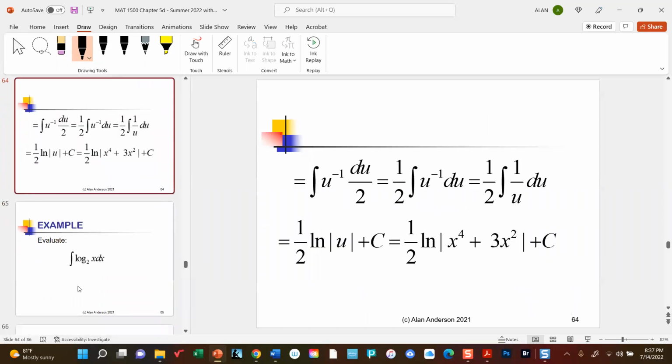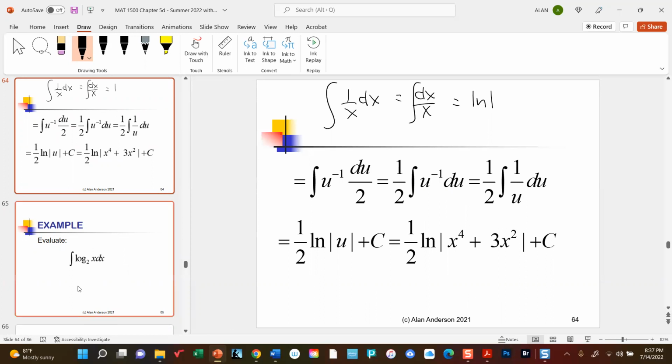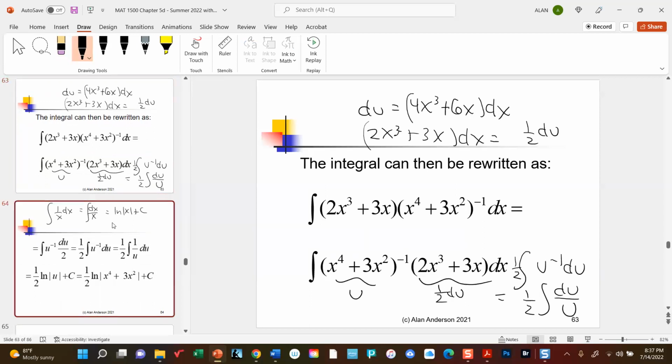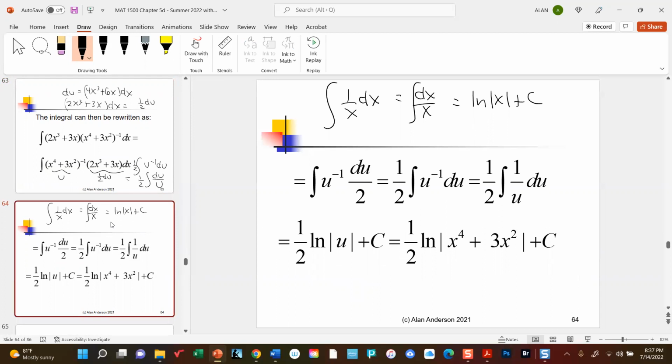Okay, so in other words, when you have something like this, and that's exactly what we have here, except that it's u. 1/2 du over u means we have this, and then of course now the integral of 1 over u du is the log of u, absolute value of u, and now we make the replacement of u.